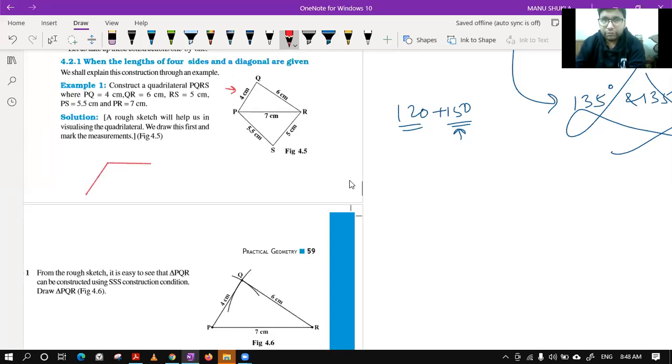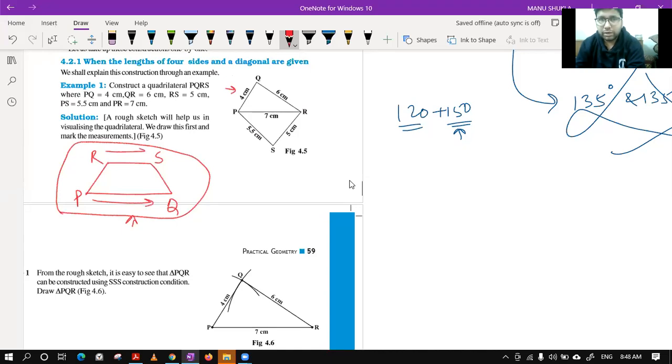I have told you that whenever you draw a quadrilateral and name it, is this the correct way to name the quadrilateral? Please confirm, class. P, Q, R, S. Is it correct?